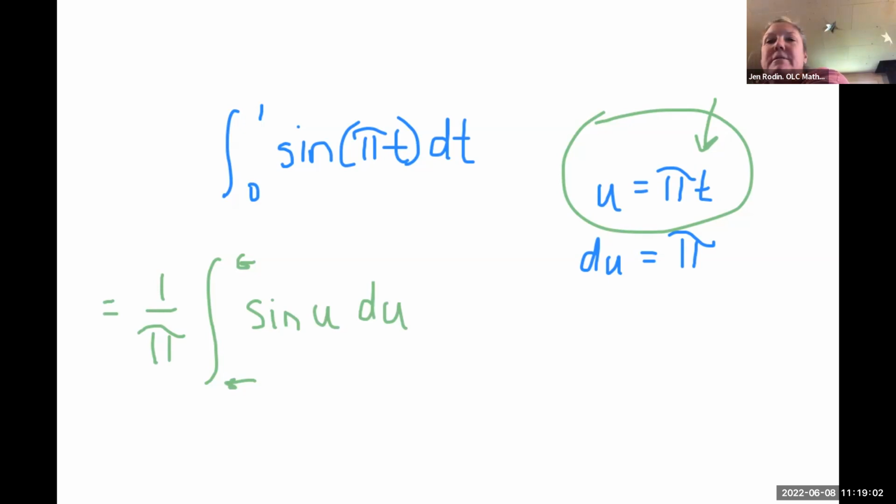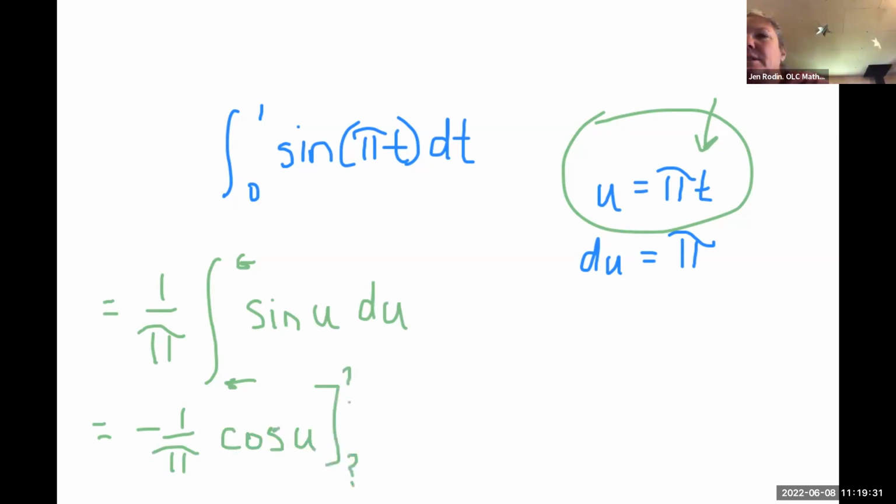So we'll rewrite it as the antiderivative, negative cosine. I always forget that myself. So it's going to be negative 1 over pi cosine of u from what to what.